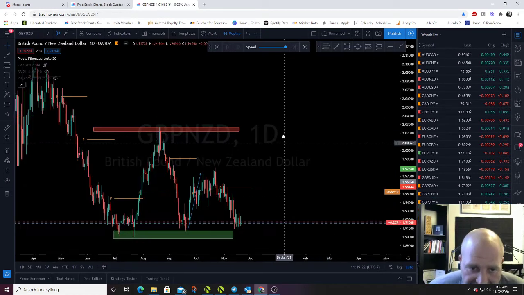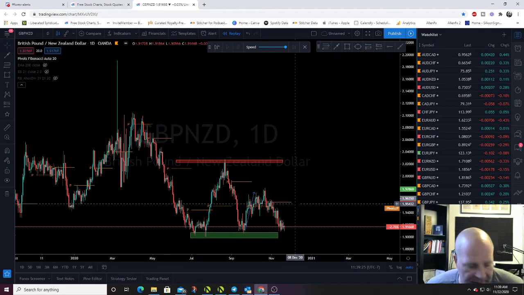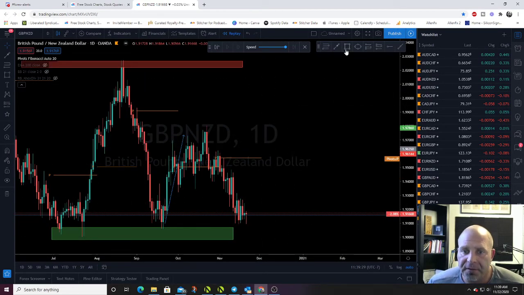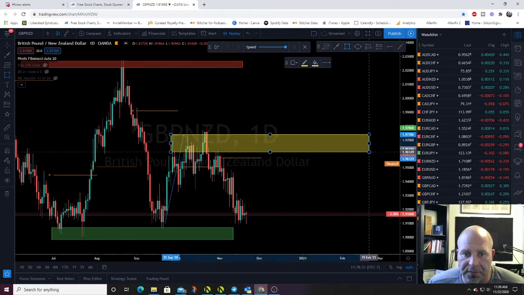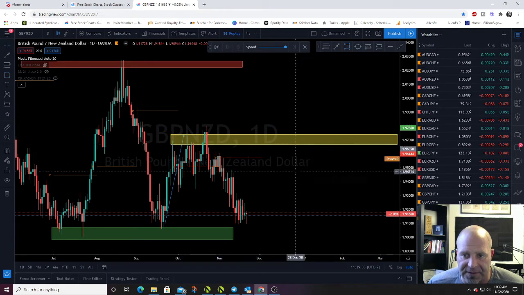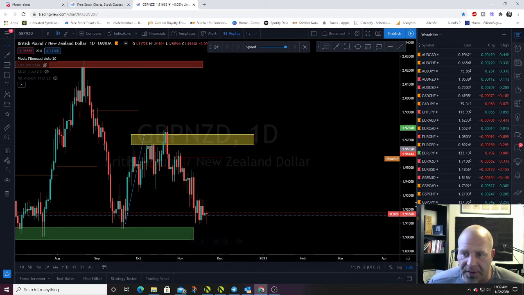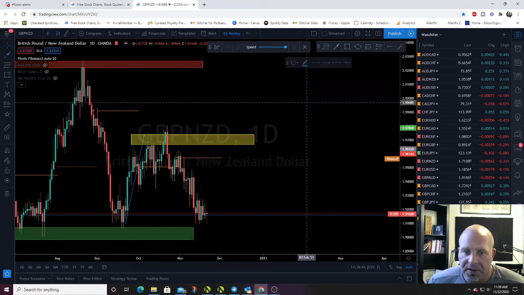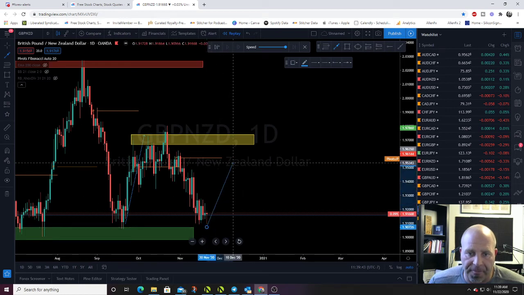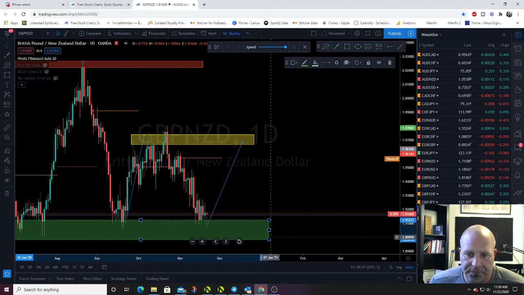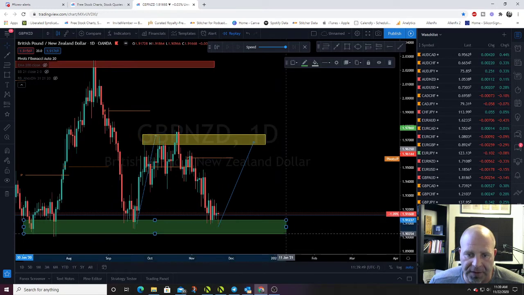GBP NZD. Okay, I like where we have. I think that's a decent inflection point there. We are testing this area right now, so I want to look for a good buying scenario in that zone.